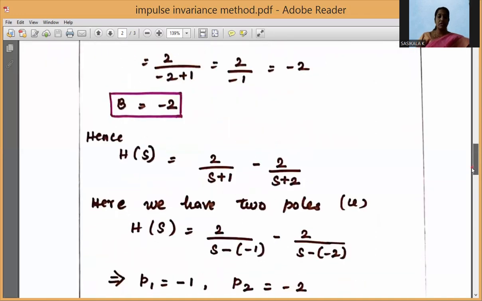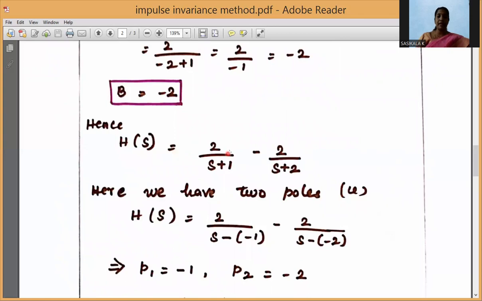Hence H(s) can be written as A's value is 2, so 2 divided by (s+1), and B's value is -2, so it is -2 by (s+2). Here we have two poles. Normally in any transfer function, we have the poles in the denominator. So what are they?